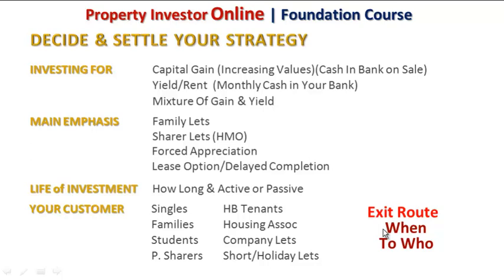And this almost needs to be on a per property basis, not necessarily on a portfolio basis. And who are you going to sell to? Who's going to buy this property from you? And it needs to be somebody other than another investor, because another investor will simply pay you bottom dollar, whereas you want top dollar or top pound.